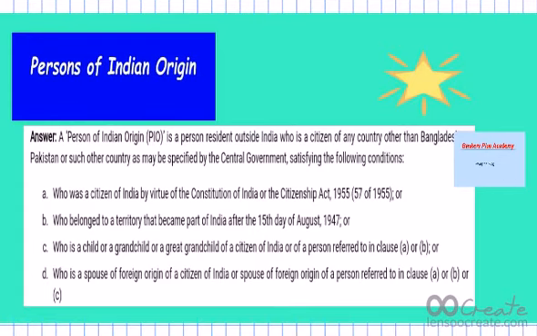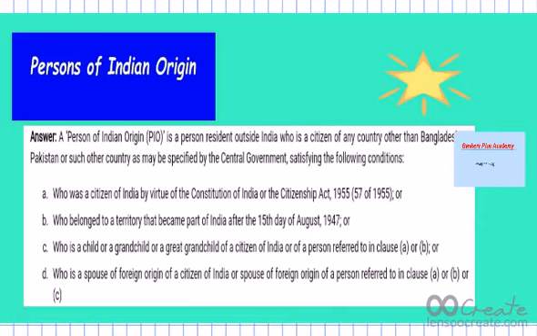A person of Indian origin is a person resident outside India who is a citizen of any country other than Bangladesh or Pakistan or such other country as may be specified by the central government, satisfying the following conditions.